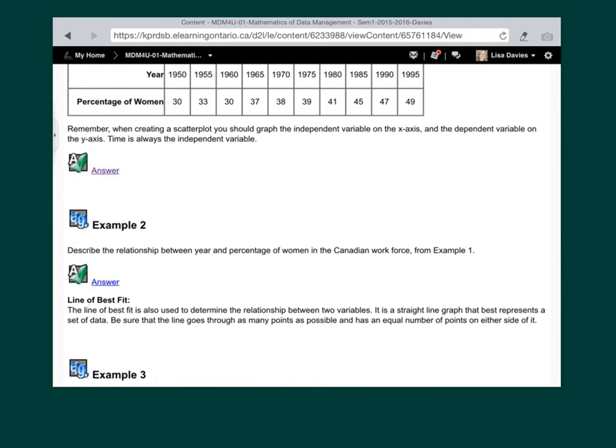In the second question for our example, it asks us to describe the relationship between the year and the percentage of women in the Canadian workforce. So we're using the same data from the chart above, and let's have a look at their line of best fit.